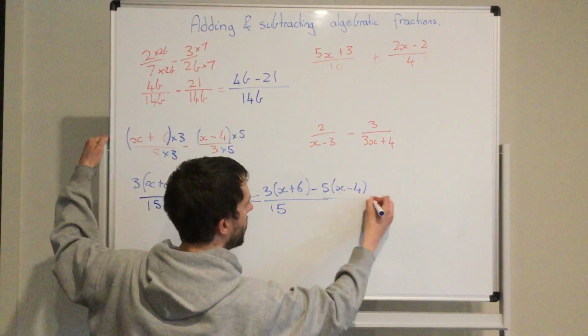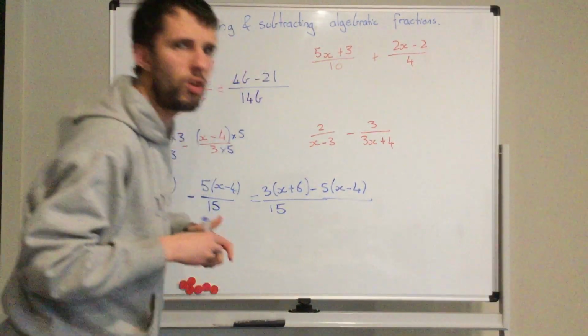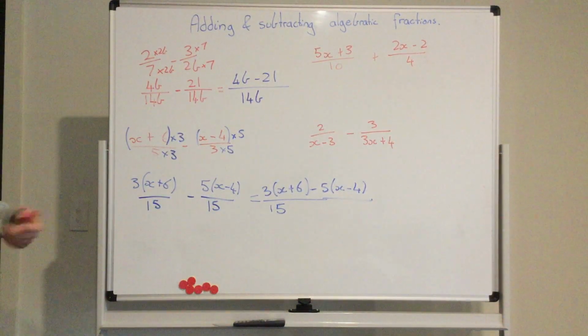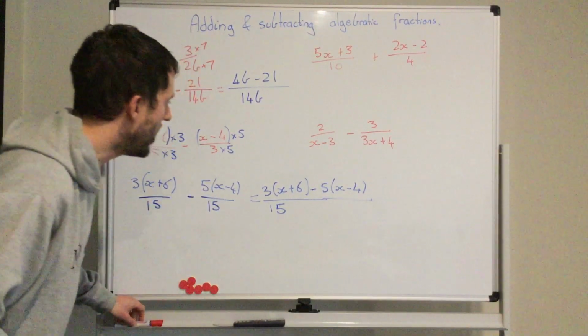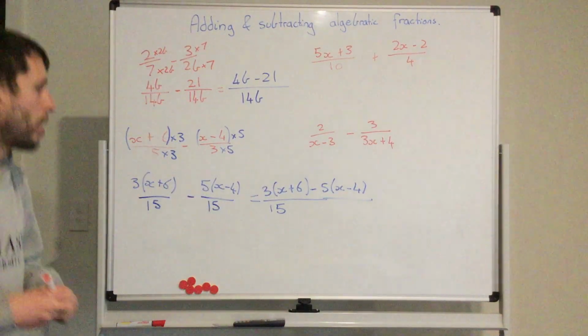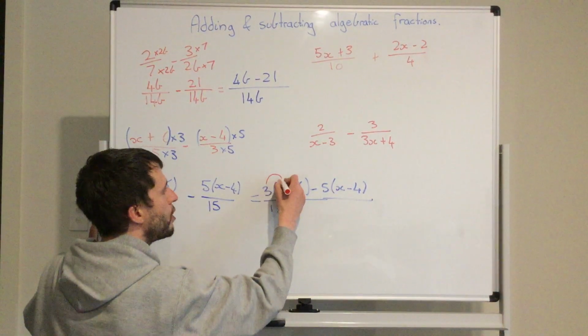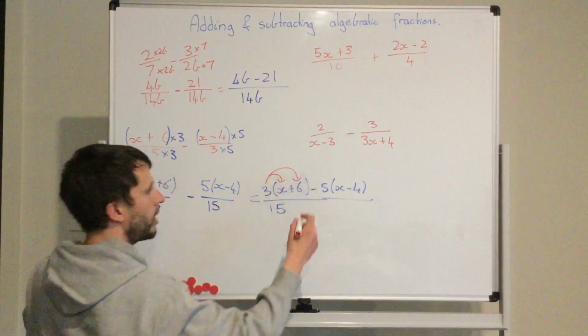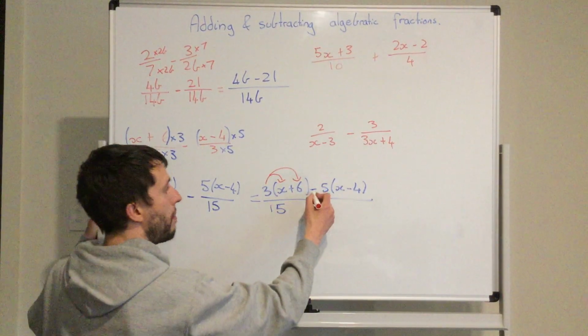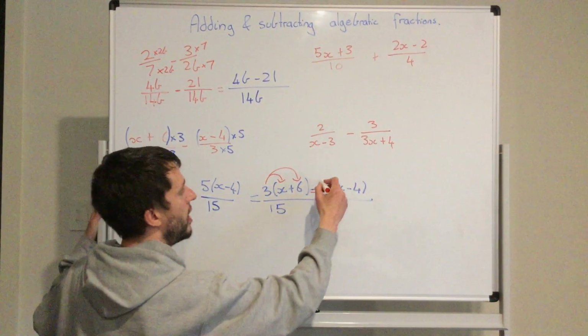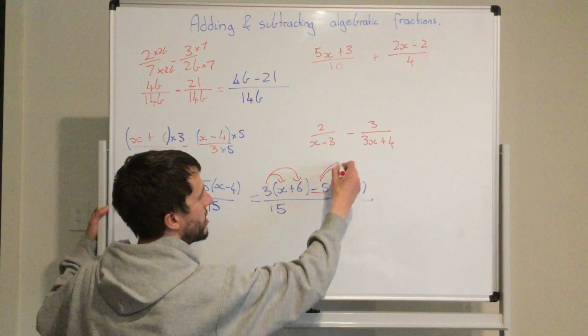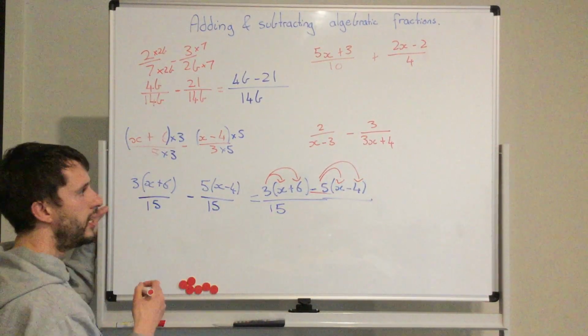But that is not in the simplest form. To get it in the simplest form, we are going to have to expand those brackets out. So this 3 needs to be times by everything in the bracket. This negative 5, remember that 5 is a negative 5, needs to be times by the x and times by negative 4. So let's get started.